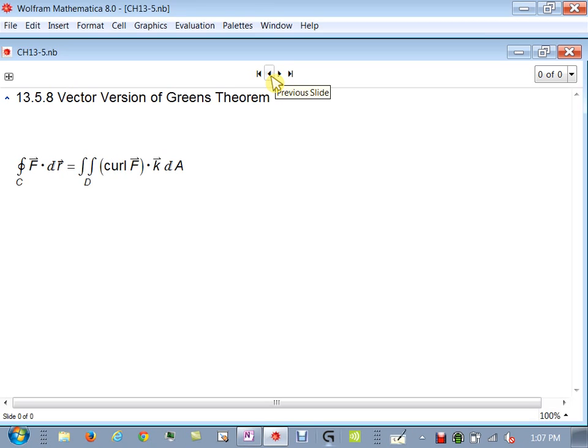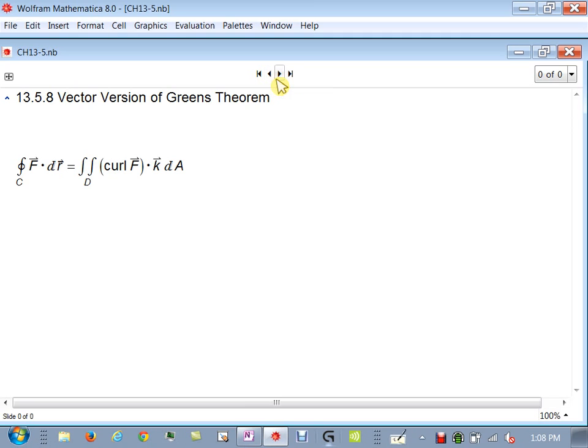You have this: F dr equals the double integral over D of partial Q with respect to x minus partial P with respect to y dA, right?